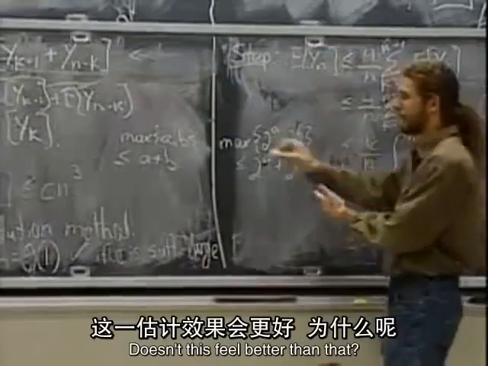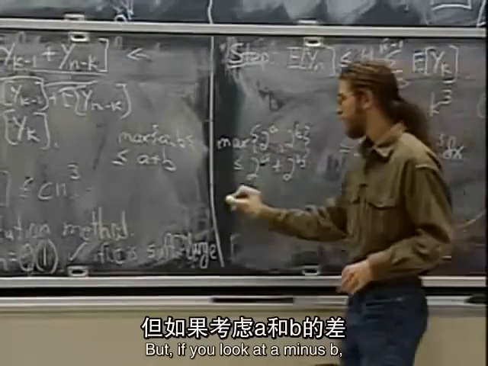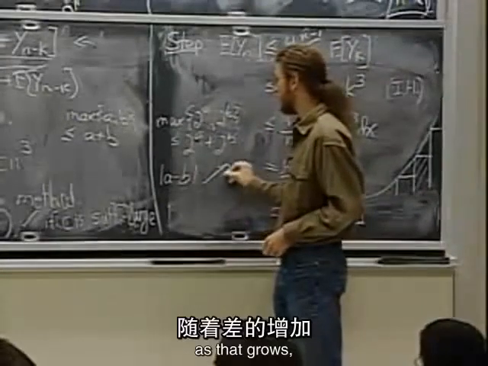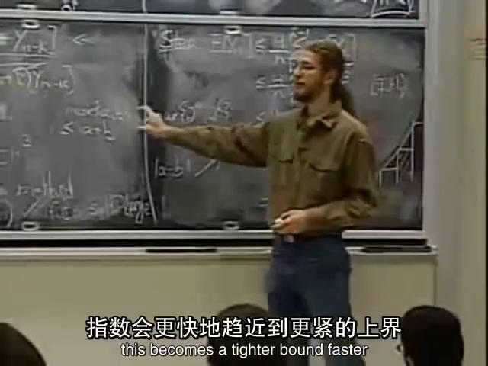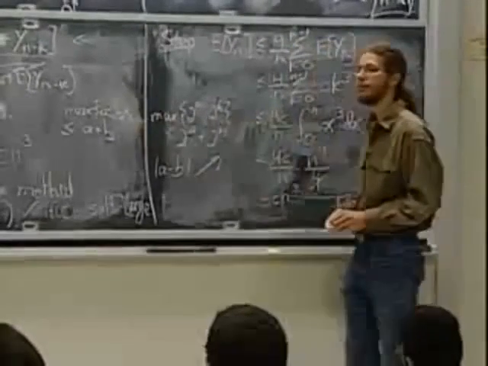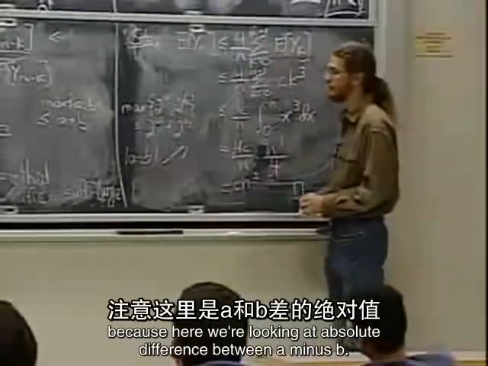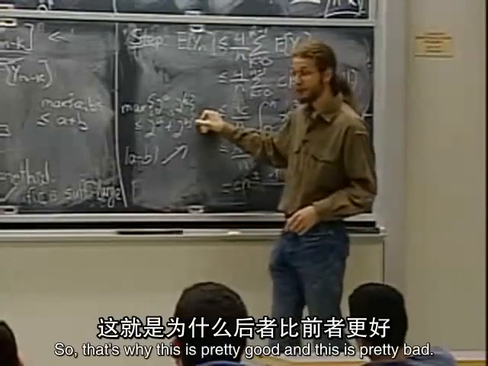Doesn't this feel better than that? Well, they're of course the same. But if you look at a minus b, as that grows, this becomes a tighter bound faster than this becomes a tighter bound. Because here we're looking at absolute value, absolute difference between a minus b. So that's why this is pretty good and this is pretty bad.